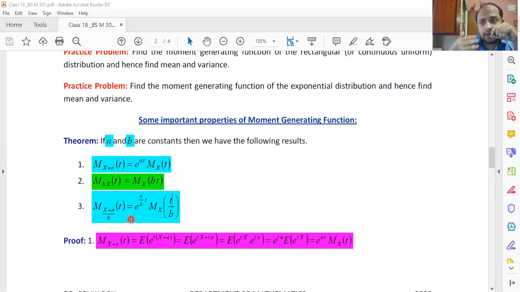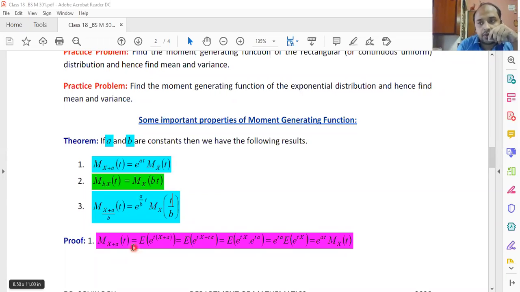I'm the teacher, but if you ask me, sir, what is the moment generating function when capital X is shifted by A and its origin is shifted to B, and scale is changed to B, then probably I shall fail to give you the proper answer. But if I know the mathematics, if I know how these results come, I will tell you, hold on a minute, I'm going to calculate and tell you what the expression will be.